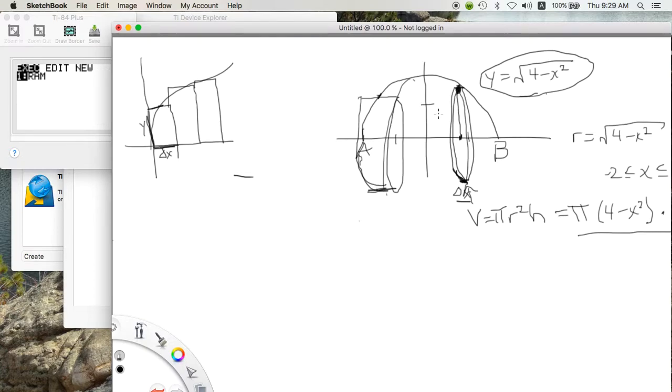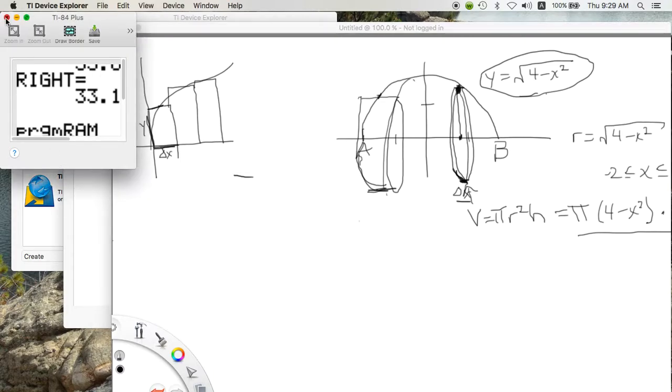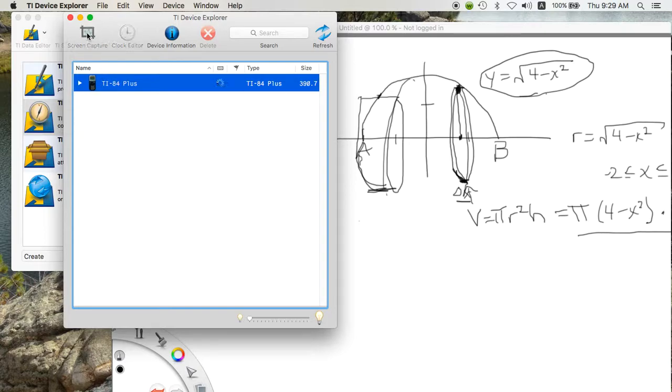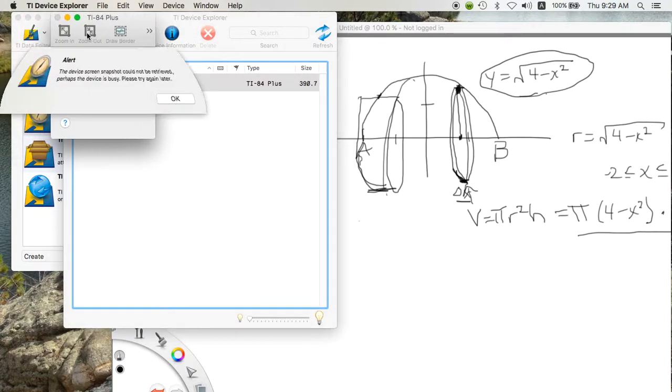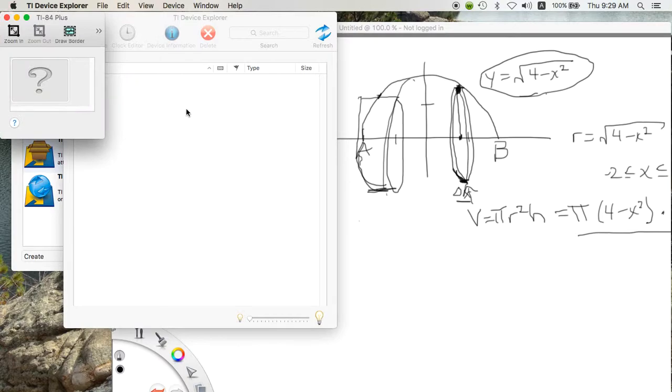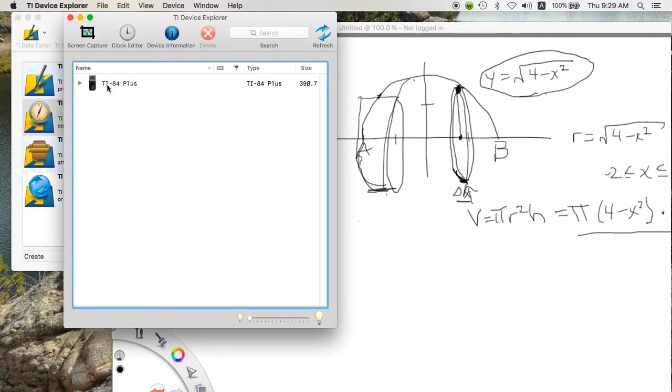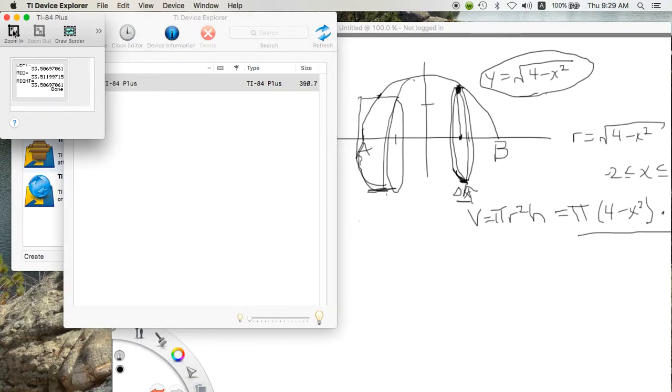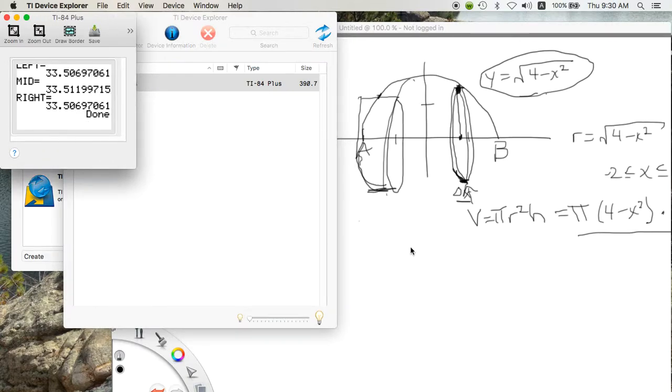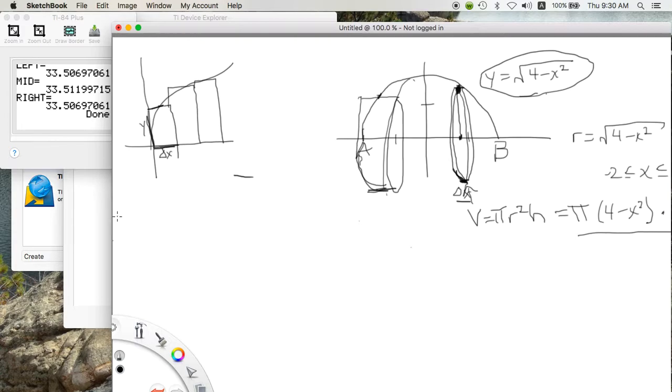So again, we're going from -2 to 2, and we want 100. And it's going to freak out again. Okay, so if we use 100, then we get about 33.5.